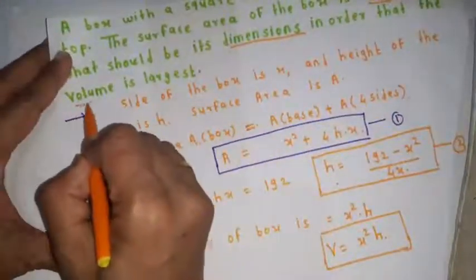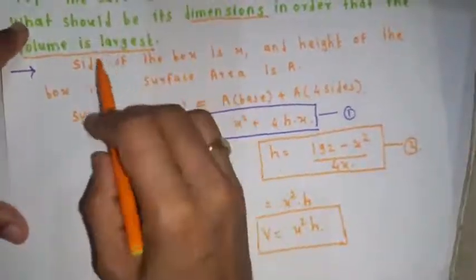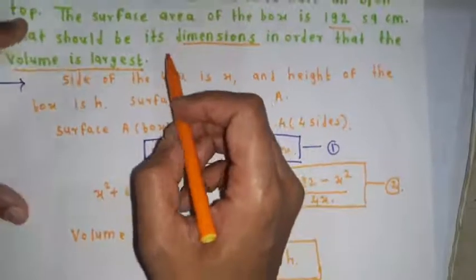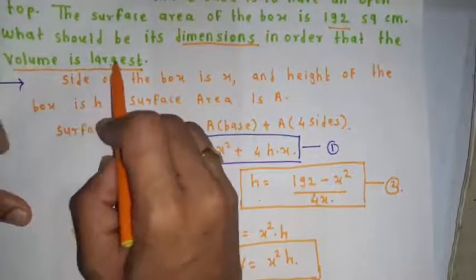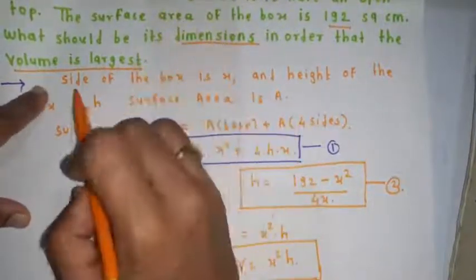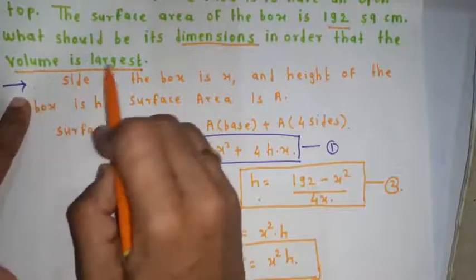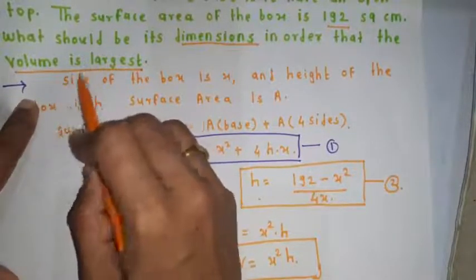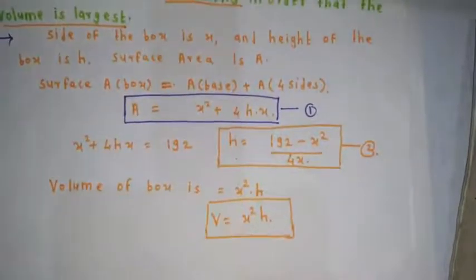Because the condition is the volume is largest, and while solving problems related to maxima and minima, the quantity on which the maxima or minimum is given, that is volume is largest, surface area is minimum, that is our function. As volume is largest means volume is our function, and we will apply the derivative test on volume.